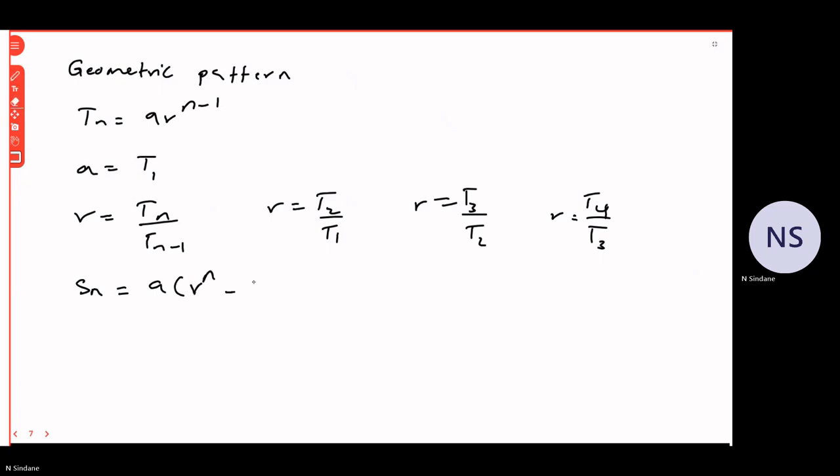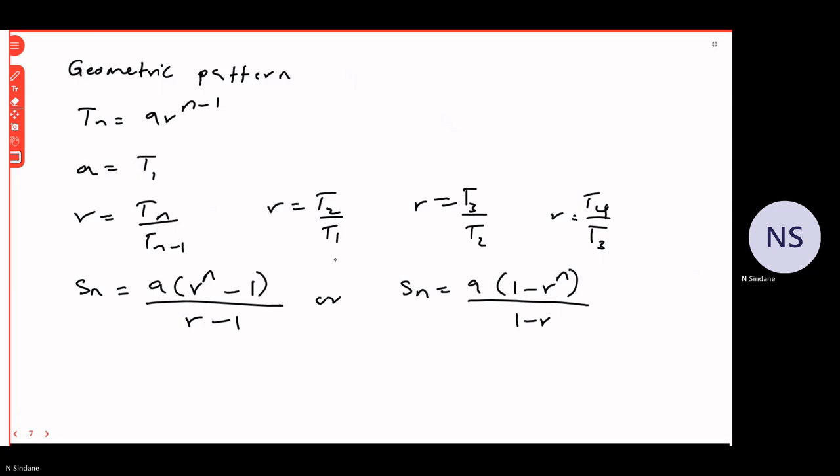Or another one, it says Sn is equal to a into 1 minus r to the power n, divided by 1 minus r. So these two formulas mean the same thing. As long as you substitute everything correctly, you will be able to get the same solution. If you substitute everything in the correct manner, your solutions must be the same.